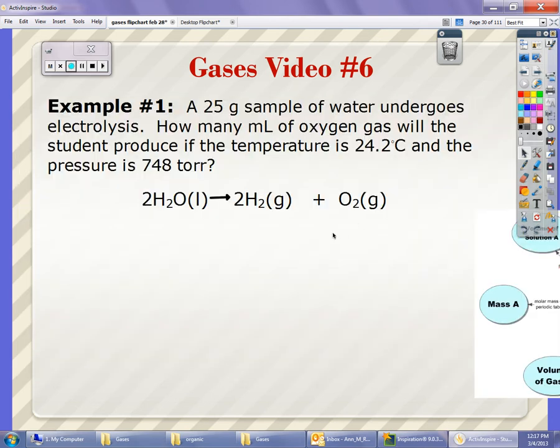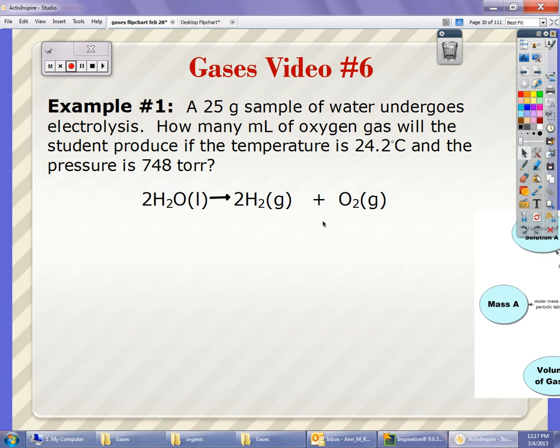Example number 1. A 25 gram sample of water undergoes electrolysis. How many milliliters of oxygen gas will the student produce if the temperature is 24.2 degrees Celsius and the pressure is 748 torr? And here you've been given your balanced chemical equation.